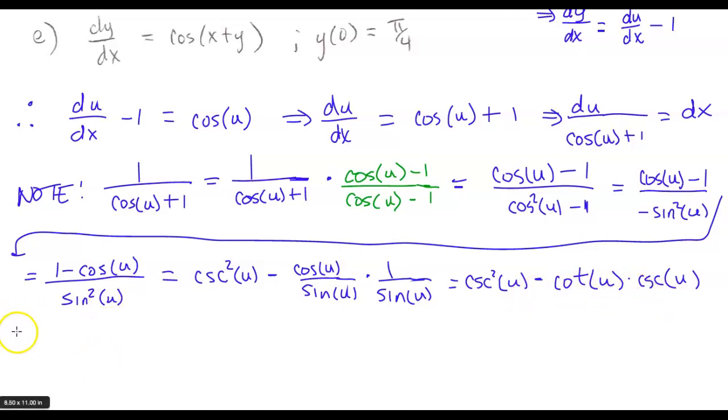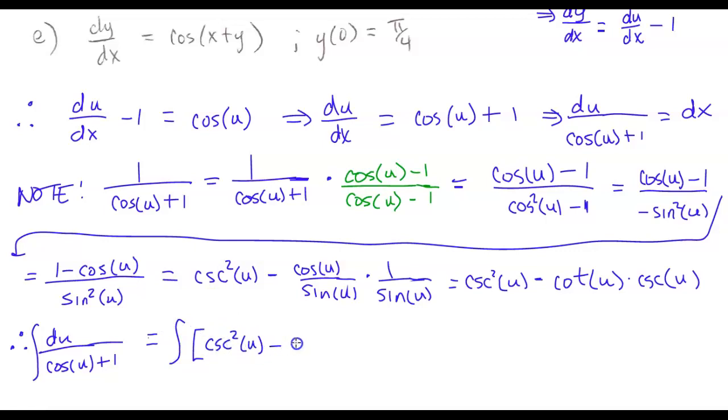Okay, so because of that, we'll say that du over cosine of u plus 1, we'll go ahead and say we want to integrate that. That's going to be the same as integrating cosecant squared of u minus cotangent u cosecant u, and of course that would be du, like that.